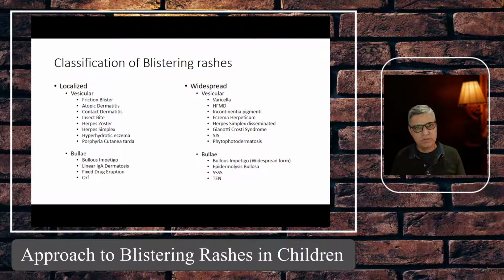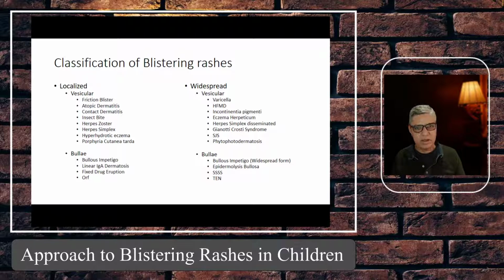It can present as hyperpigmentation followed by a vesicular rash, which then bursts open, can lead to a bit of scarring as well, and then there is hypopigmentation. It usually presents in the neonatal period.